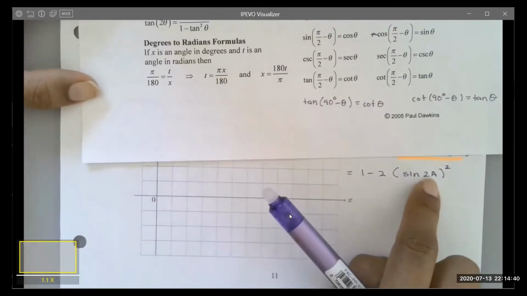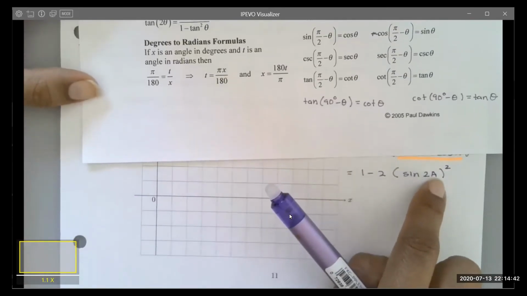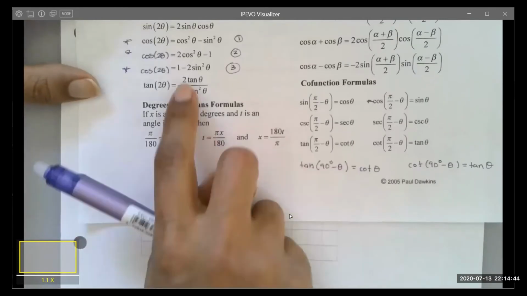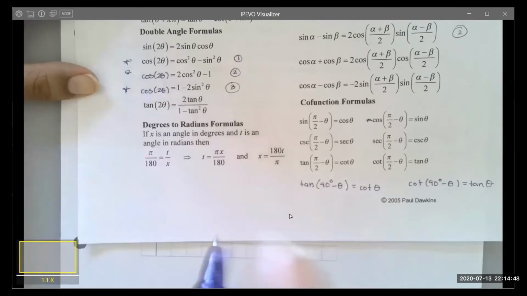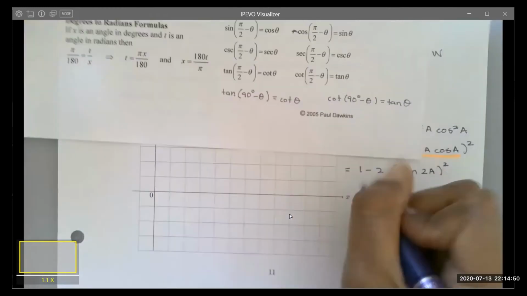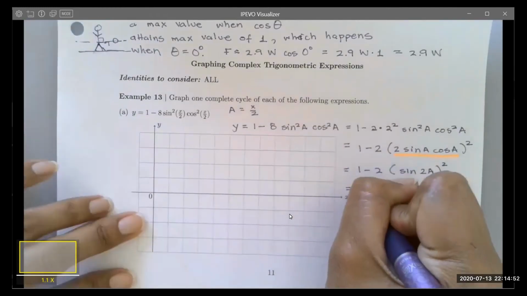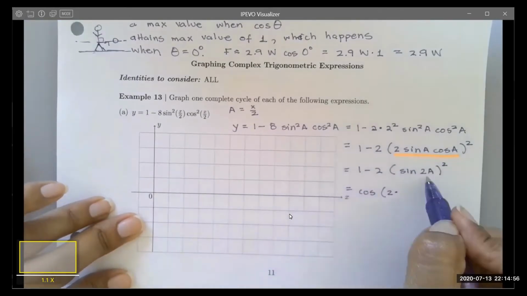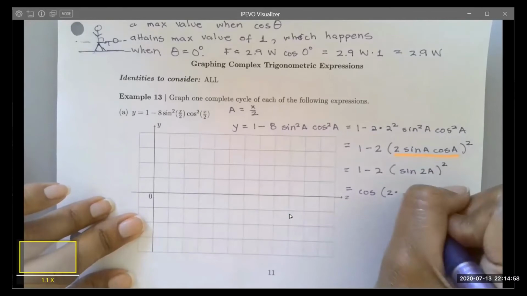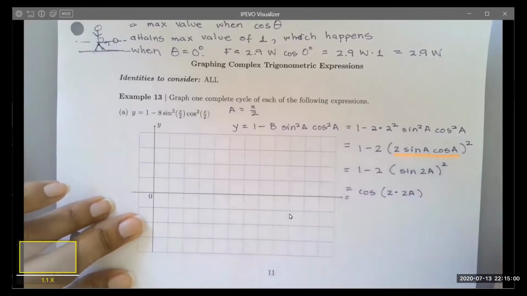Except that instead of having theta here, we have angle 2a. So I'm going to be applying this third formula with cosine 2 theta. This becomes cosine of 2 times the angle, which is 2a.